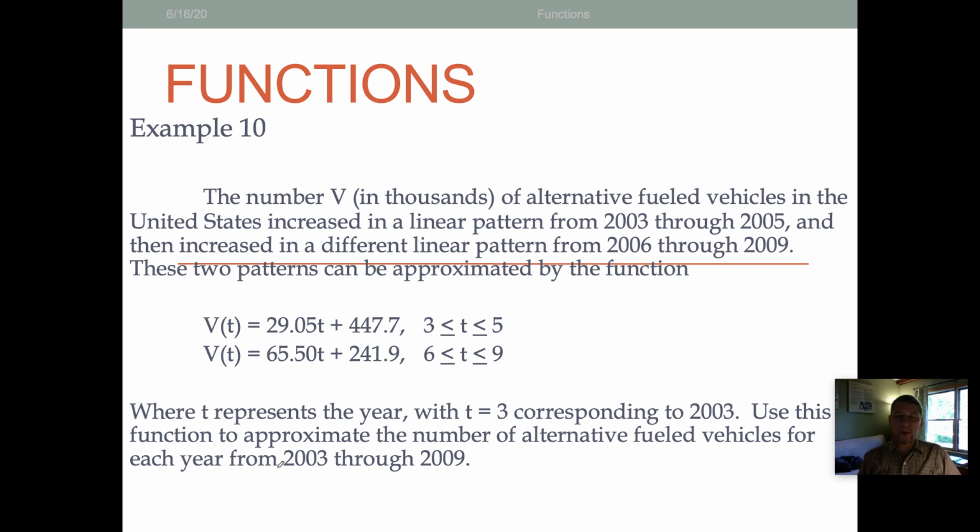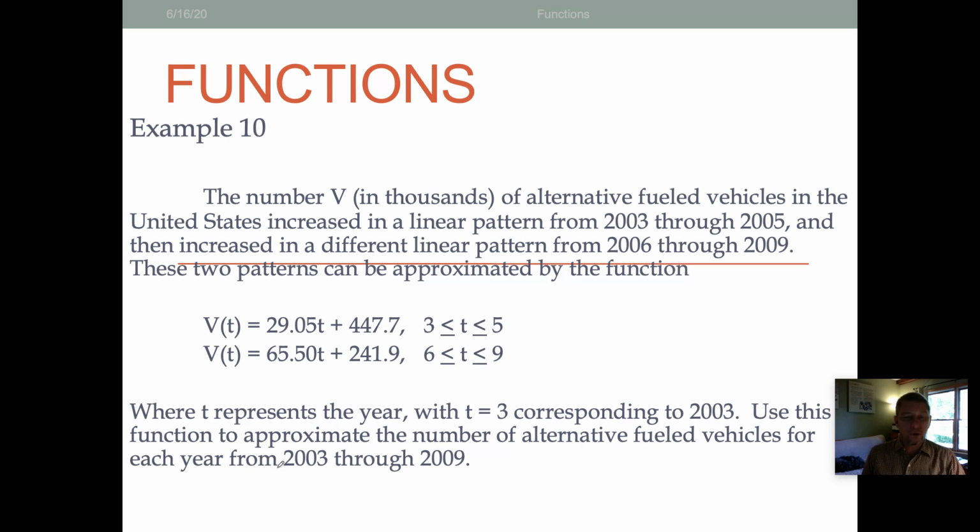These two patterns can be approximated by the function v of t equals 29.05 t plus 447.7 for a value of t between 3 and 5. And it increased at v of t equals 65.50 t plus 241.9 for t between 6 and 9, where t represents the year, with a t of 3 corresponding to 2003, and therefore t of 9 representing 2009.